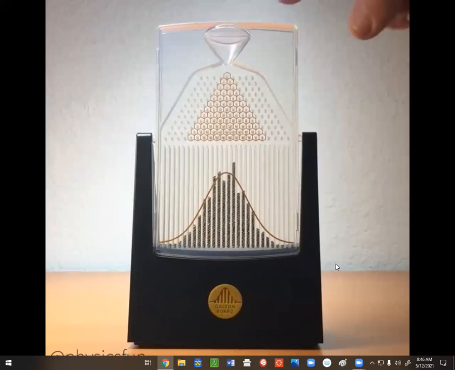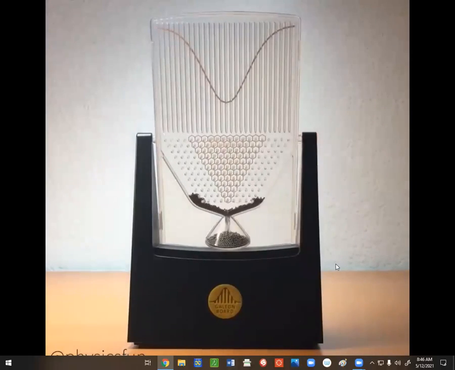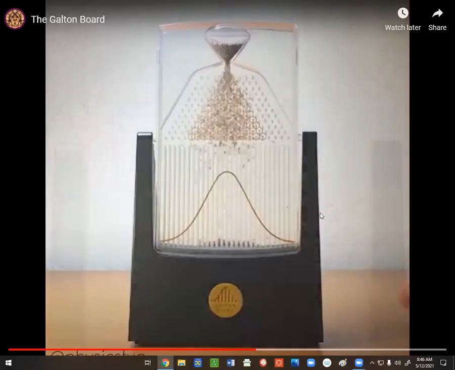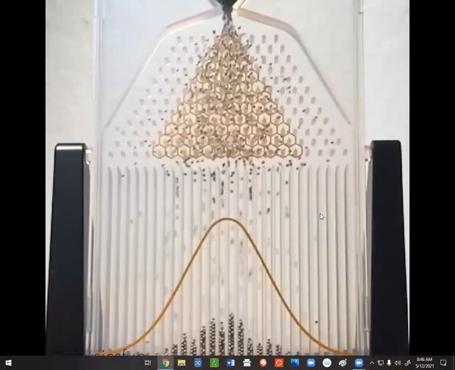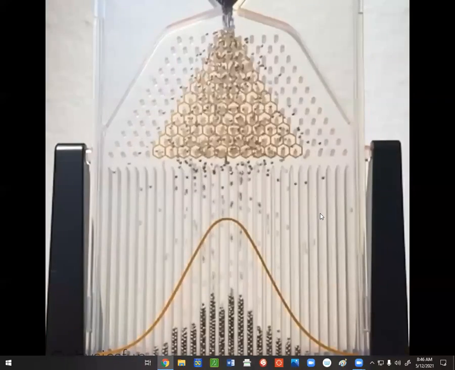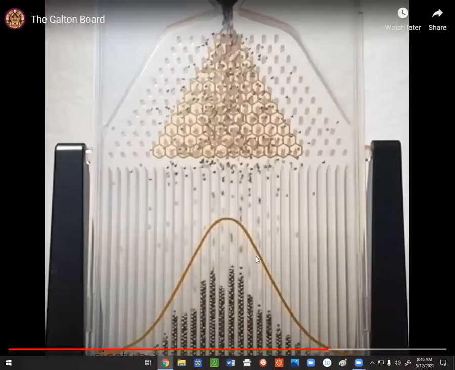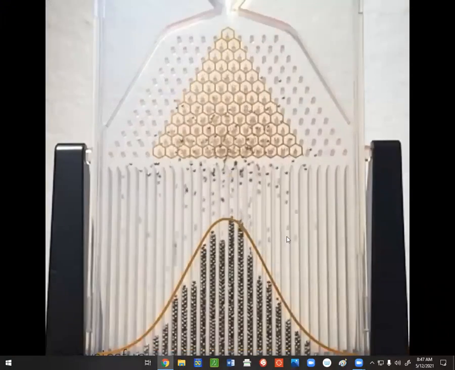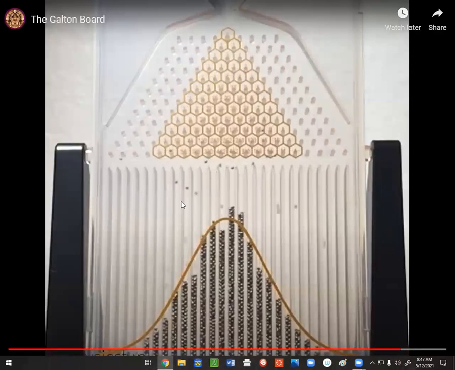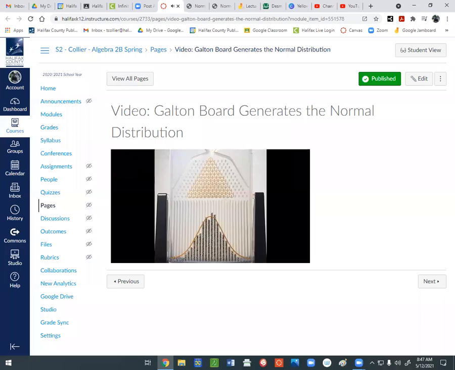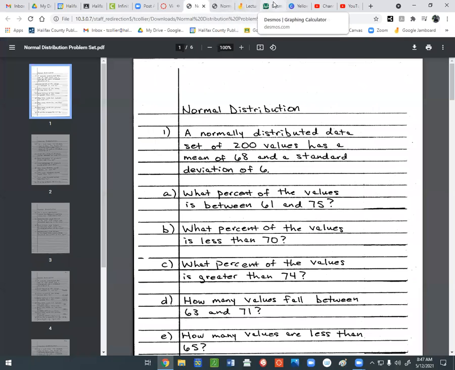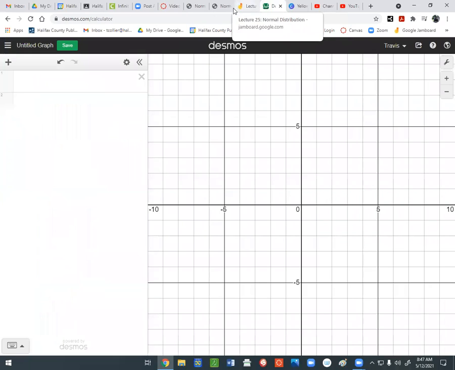And then when he flips it over, all these little metal balls are going to go through these little pins right here. And when you slow it down, you can see that most of them are going to be very close to the center right here, and only very few of those are going to go farther away from the mean. So you can watch that later if you want. That's called the Galton board.